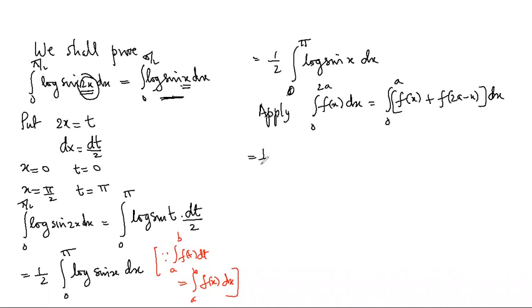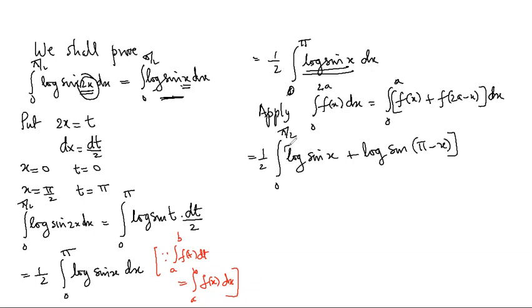So this became half times integral 0 to pi by 2. The limit 0 to pi became 0 to pi by 2, as 2a becomes a. That time the function will get split. One is the function itself, the other is obtained by replacing x by pi minus x. That became 1 by 2 integral 0 to pi by 2 of log sin x plus log sin x.